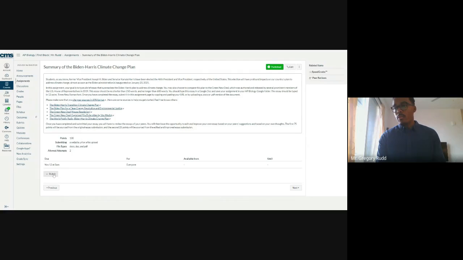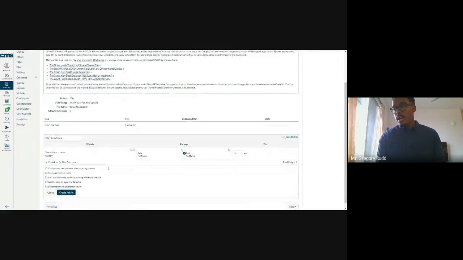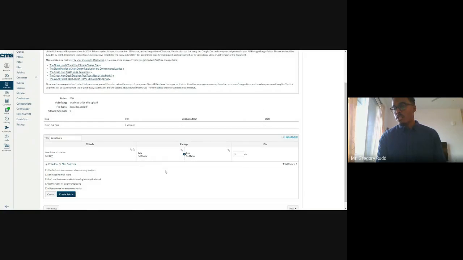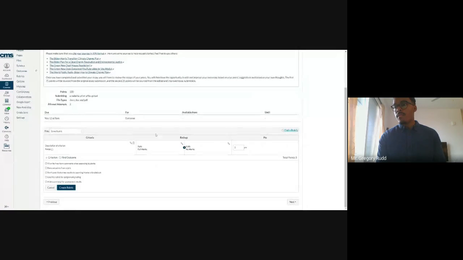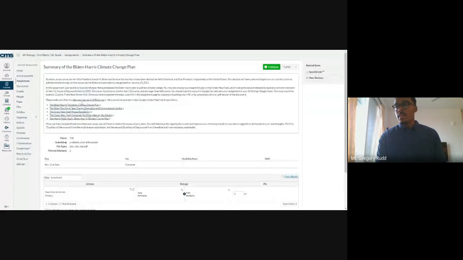I do need to go ahead and put a rubric here. So you guys will see me update that before you submit it. But I provide some links here that could be helpful to you all as you write this essay. Essentially, what you're going to do is summarize President-elect Biden and Vice President-elect Harris's climate change plan. All of these links will be helpful to you, but you're more than welcome to use your own sources, as long as you are citing your sources in APA format.